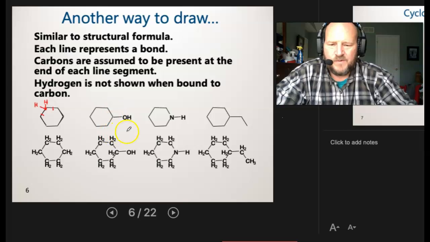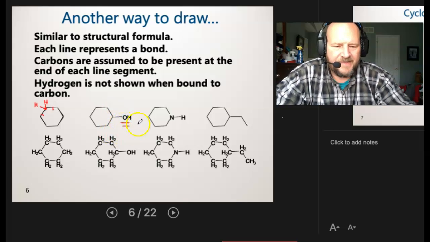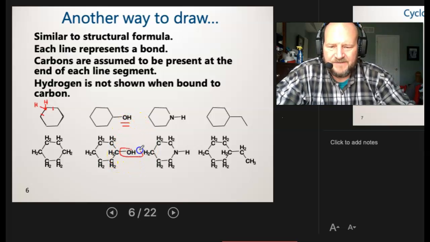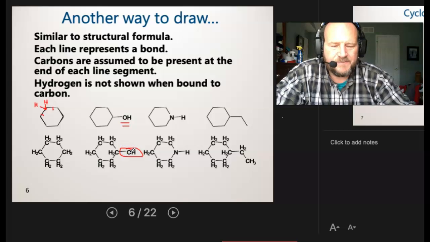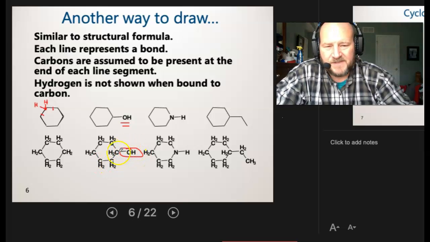Now, you'll notice that I moved to the next one, the OHs here. This is going to be one of our functional groups. We'll talk a little bit about that probably in the third segment. But here, when we draw those out, we leave those in. We call those heteroatoms because they're not hydrogen, and they're not carbon. So we call them heteroatoms, especially when they're functional groups.